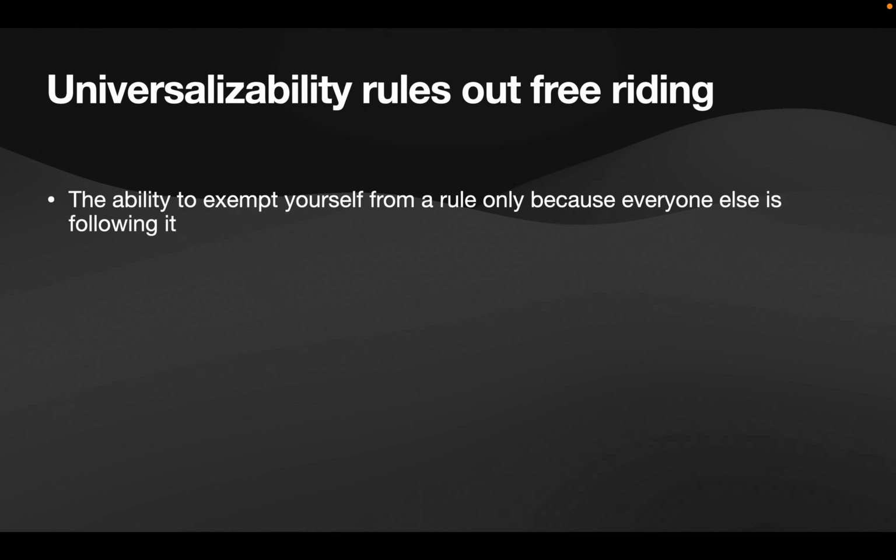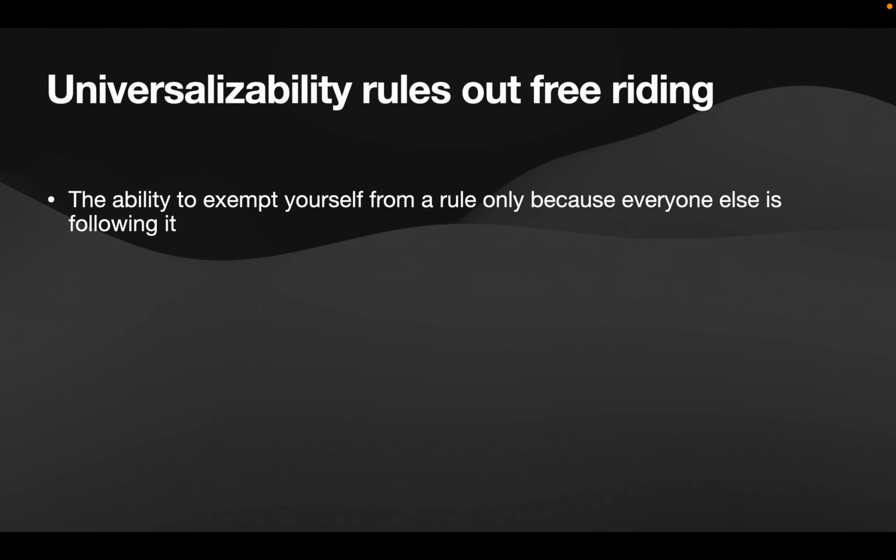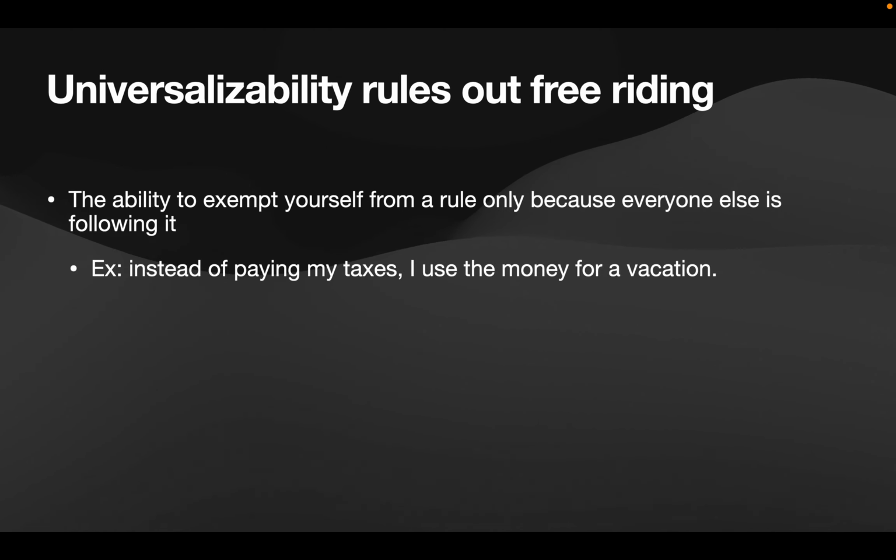If the only way it's going to work for you to break the law is if everybody else is following the law, and if everyone else breaks the law, then it doesn't work for you, you can't be a free rider. In this case, your free riding is relying on the fact that everybody else is following the rule and only you are not following the rule.